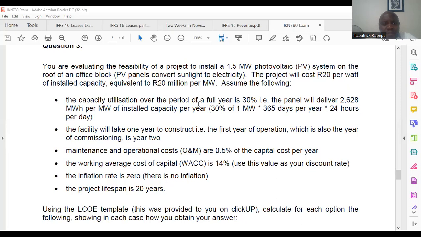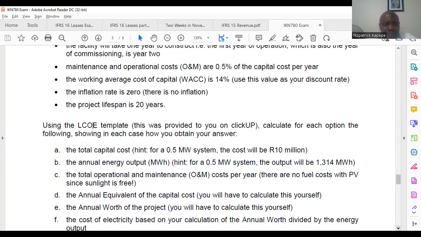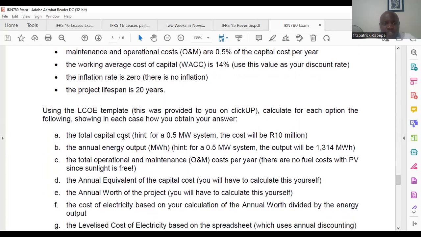Okay, so we have these numbers. Evaluating the feasibility to install and so on. I hope we haven't forgotten any element in there. So we are told the total cost. I guess this has been done. The total capital cost has been done.